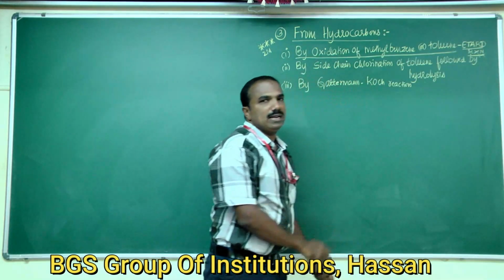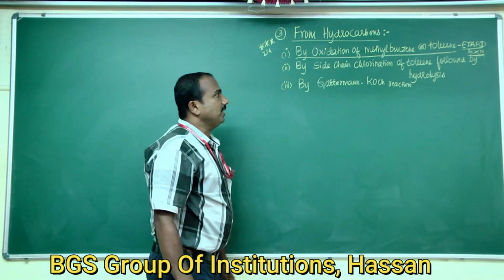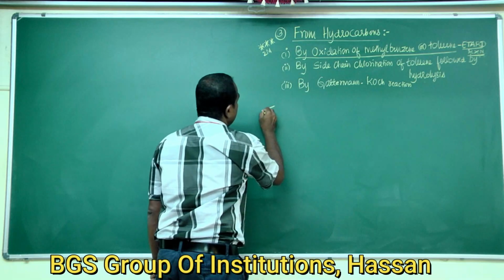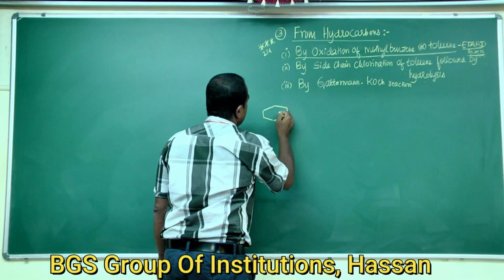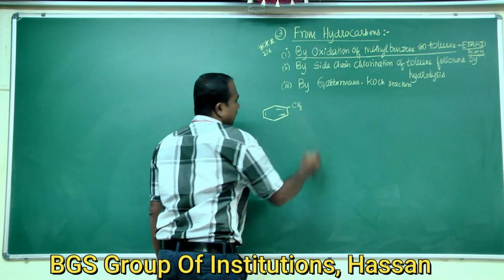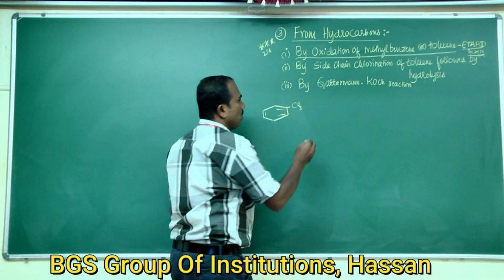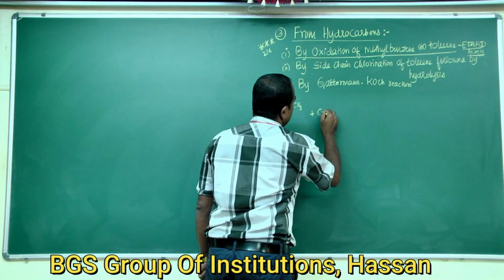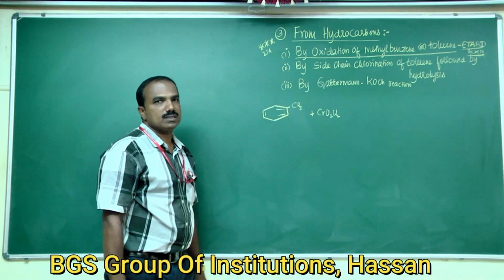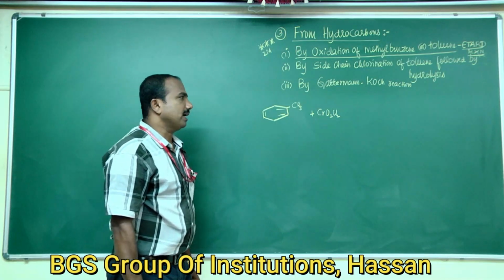The reaction is called the Etard reaction. When toluene, that is methyl benzene, is treated with chromyl chloride, CrO2Cl2, this is chromyl chloride.